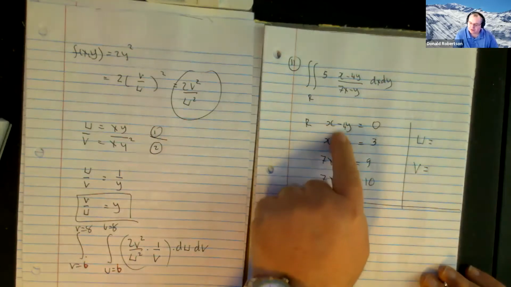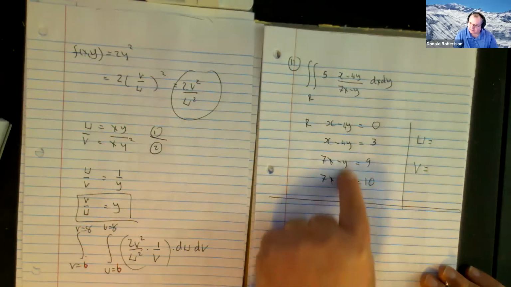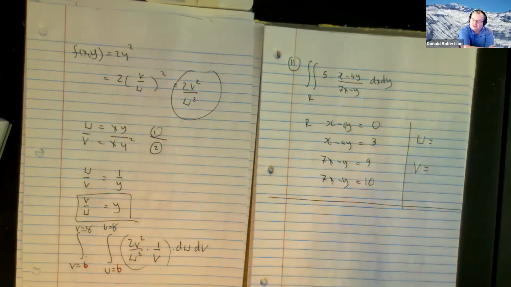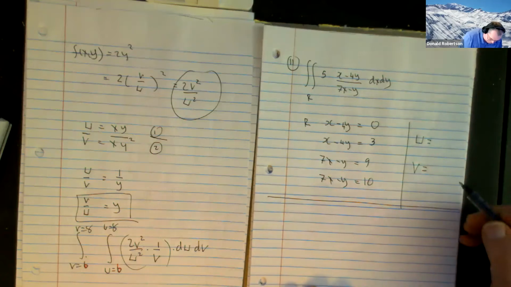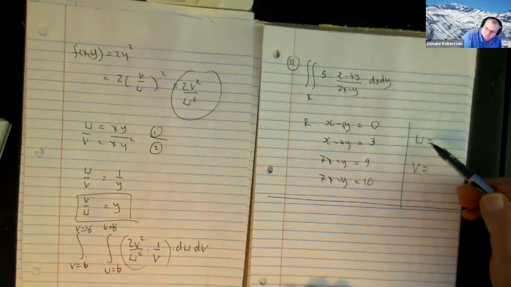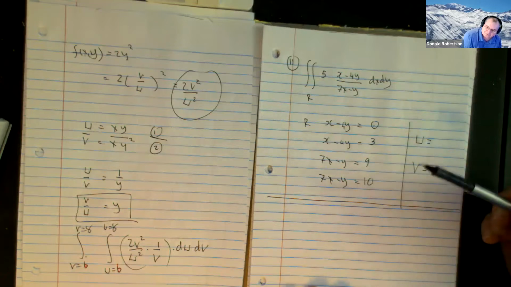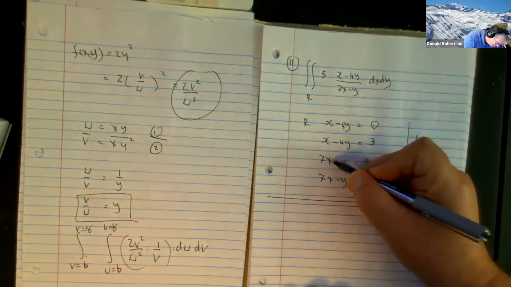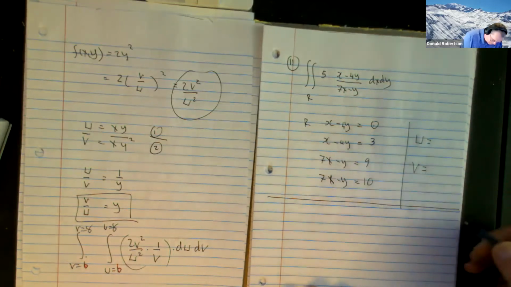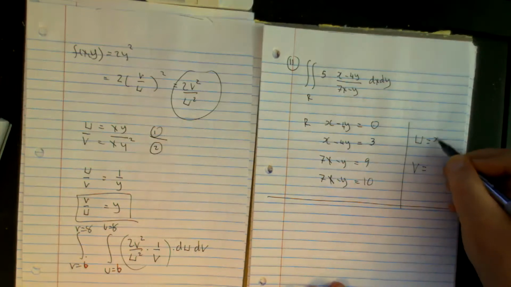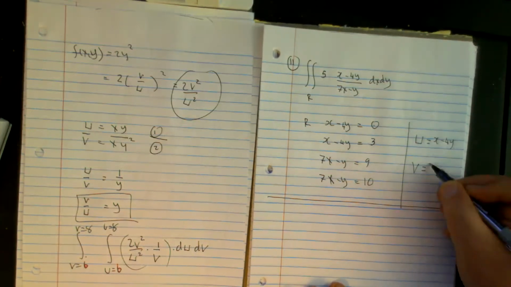I typically tend to look at what's going on here. Any suggestions for what a natural value for u and v should be? U should be x minus 4y and v 7x minus y.